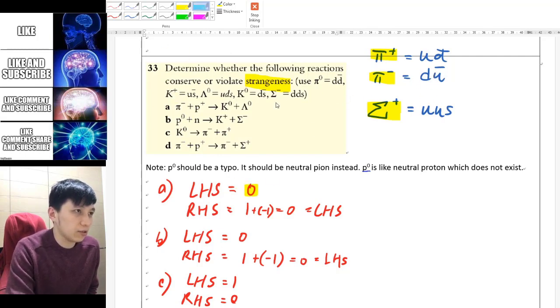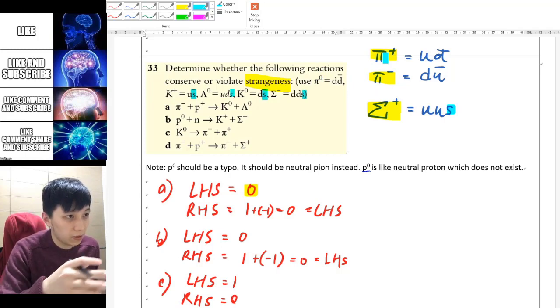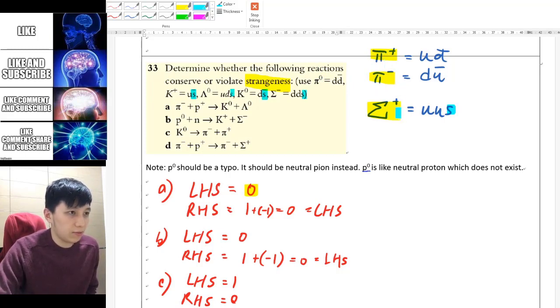In fact, you can just look at which ones have a strange quark or anti-strange quark, and for the rest you can ignore it. If you have pion, you can basically ignore pion, and for the rest they all have one, either strange or anti-strange.